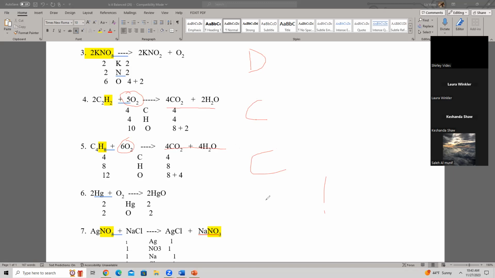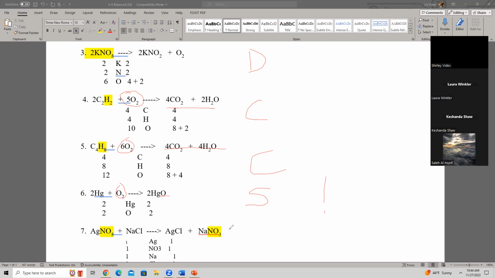What about the next one? That's synthesis. Yes, it is synthesis, or it could also be combustion, believe it or not, because look, there's the oxygen and it is present in the products. But we're going to call it synthesis because that's a good one.